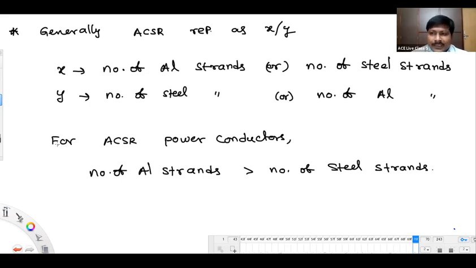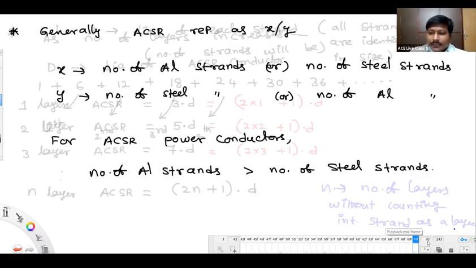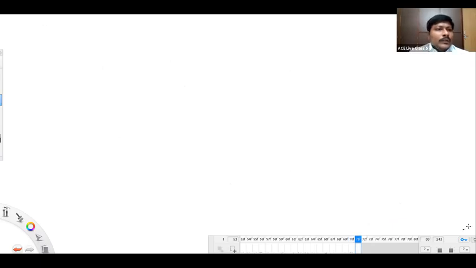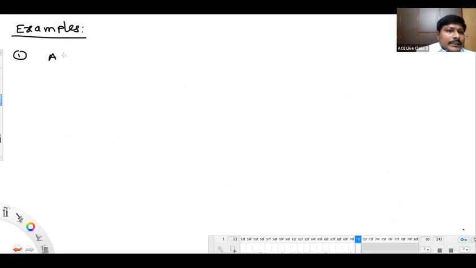Now I'll take up some examples of ACSR conductors quickly. First one, ACSR 6/1, or you can call this one ACSR 1/6 also.